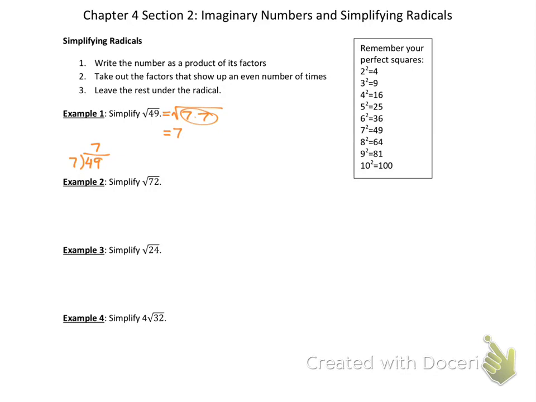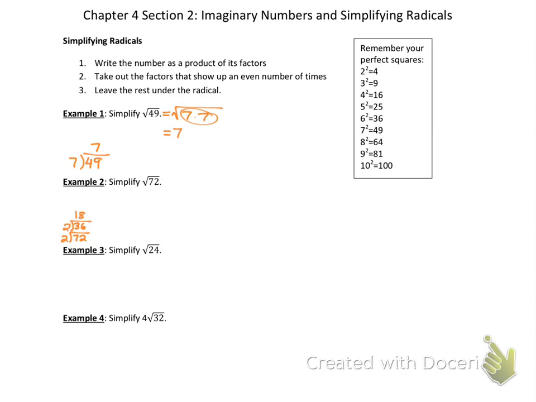So let's try doing the same thing on something a little bit more complicated. Example 2 says to simplify the square root of 72. So we're going to come over here, write down 72, and start dividing. Well, is 72 divisible by 2? That's the smallest number we can use. Always start there. Yes. Well, 72 divided by 2 is 36. Is that divisible by 2? Yes.